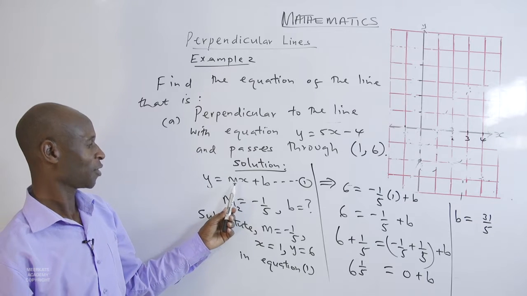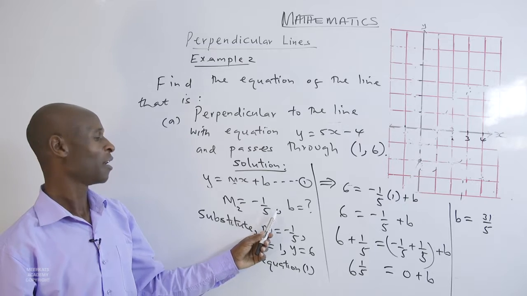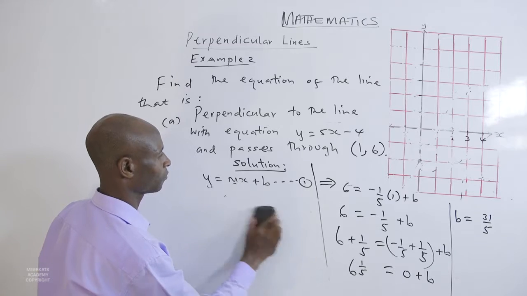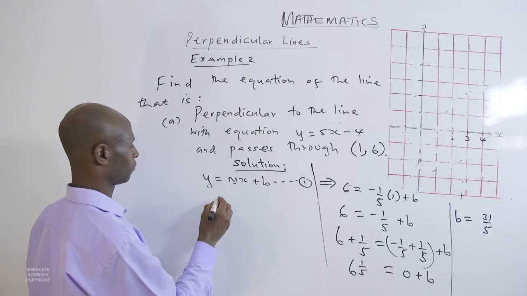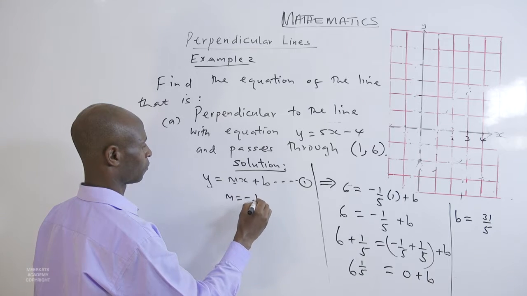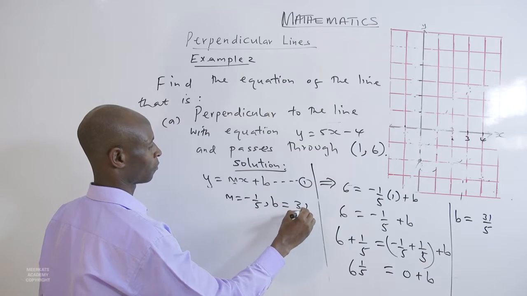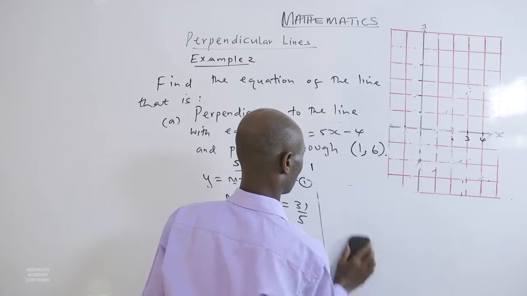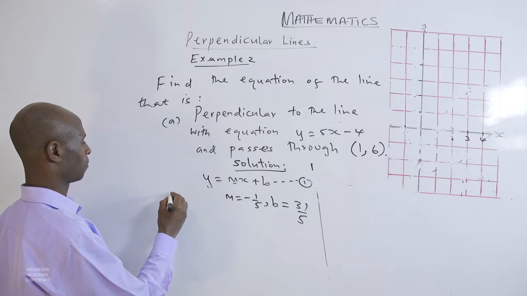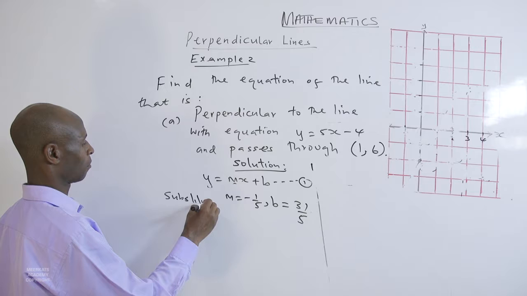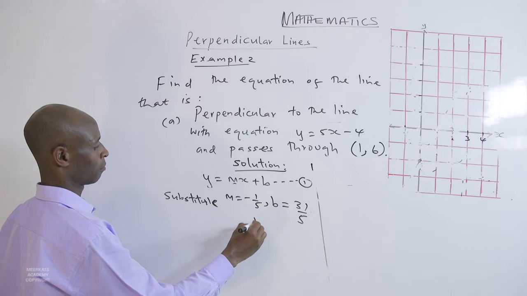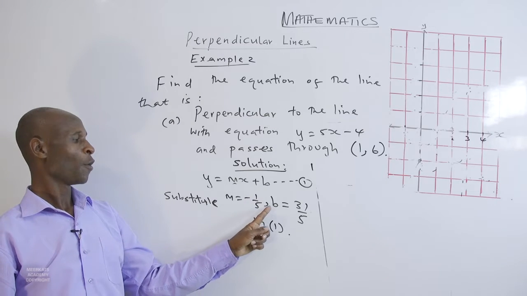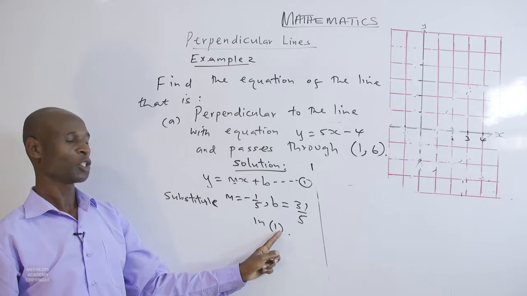So we now replace where there is m with the -1/5 and where there is b with 31/5. So substitute m is equal to -1/5, b is equal to 31/5 in equation 1.